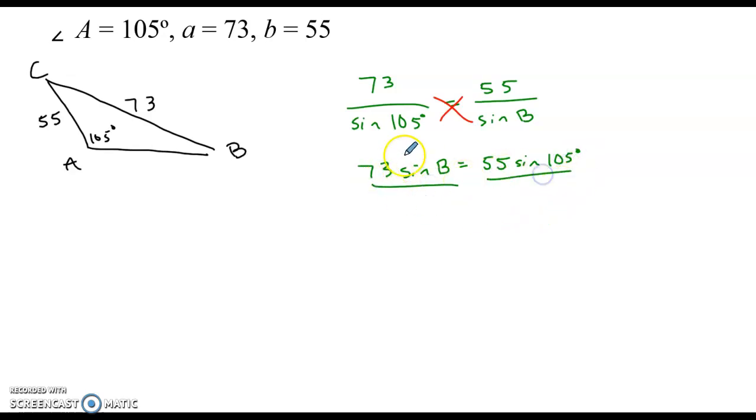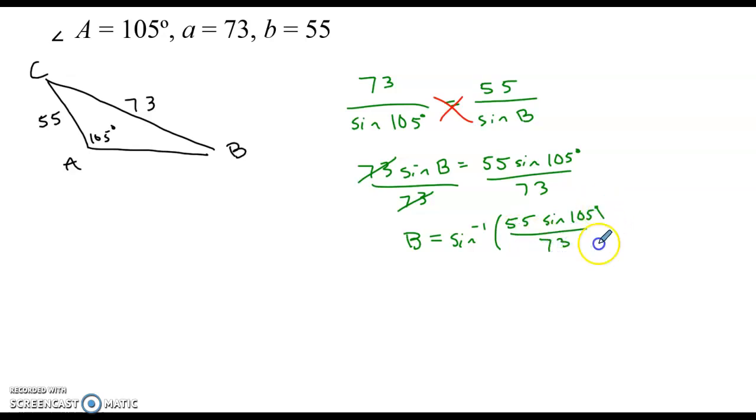And then to solve for B, the next thing I need to do is get rid of that 73. And then the next thing I'm going to do is do the inverse sine of both sides. And I get inverse sine of 55 times sine 105 over 73.